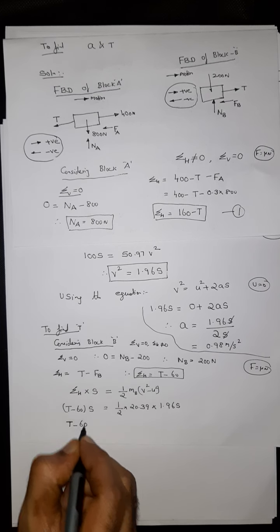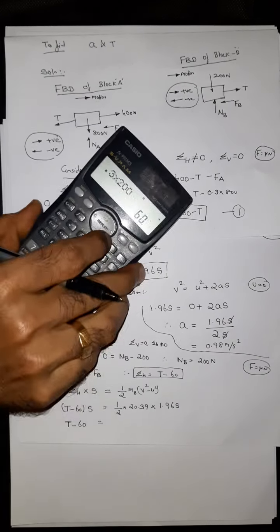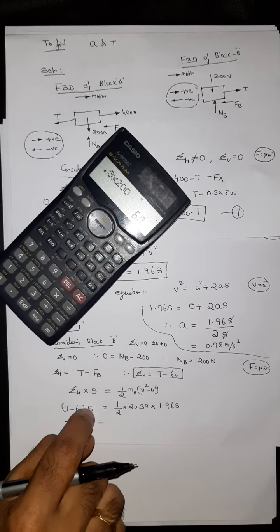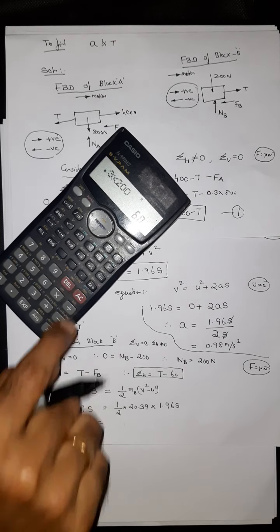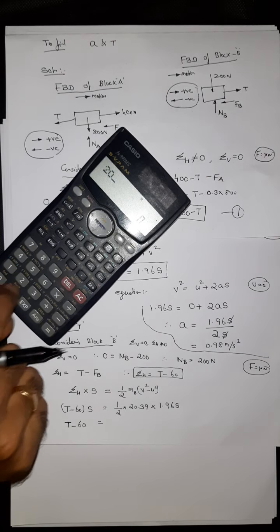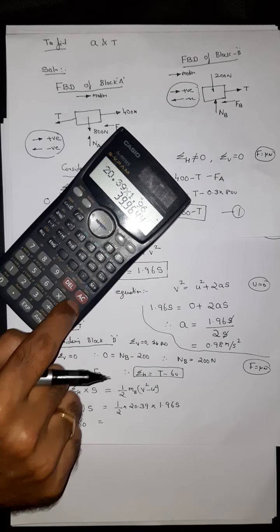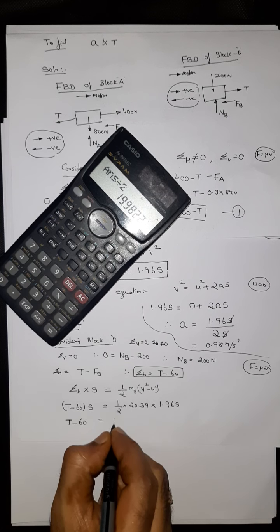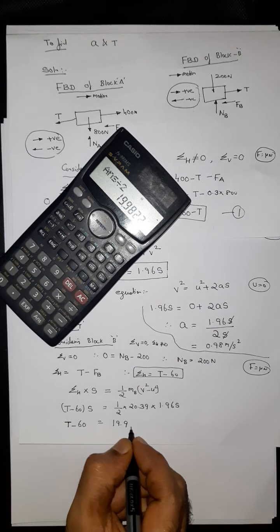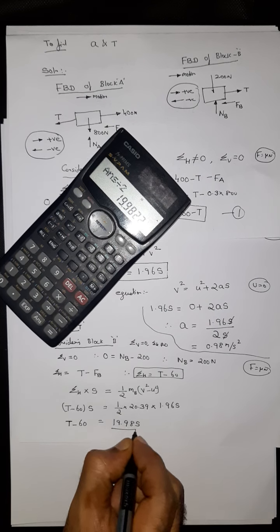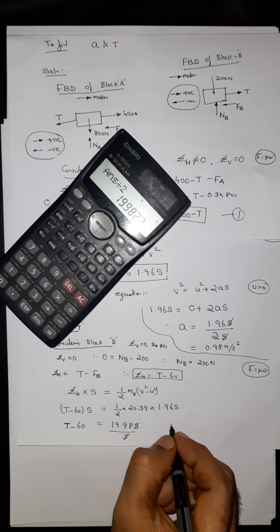T minus 60 equal to, I am going to take this S to the denominator. So 20.39 into 1.96 divided by 2, which is 19.98 S divided by S. So S gets cancelled.